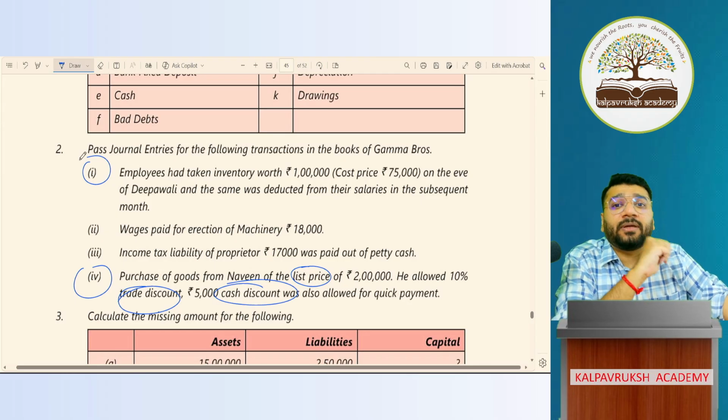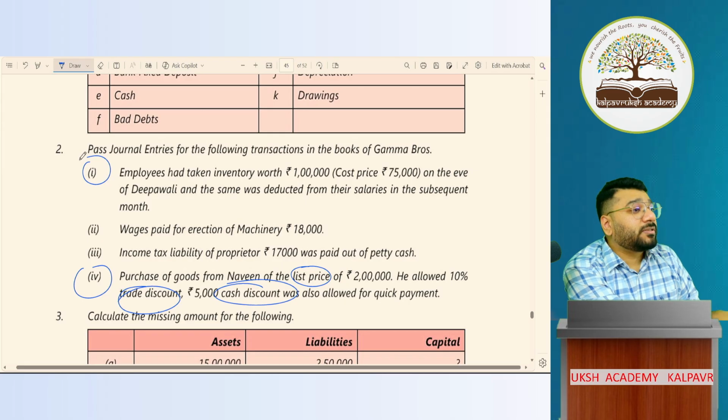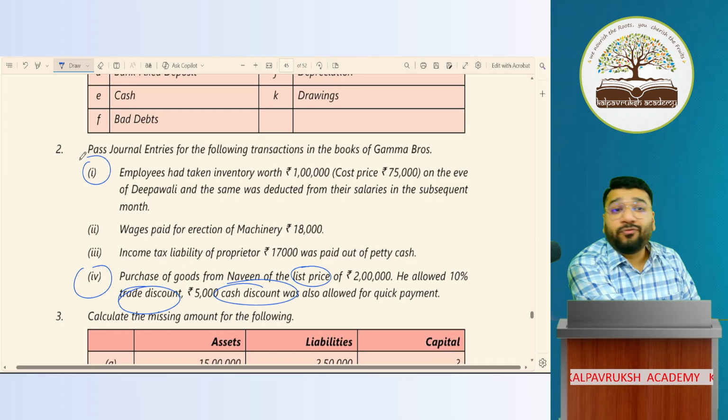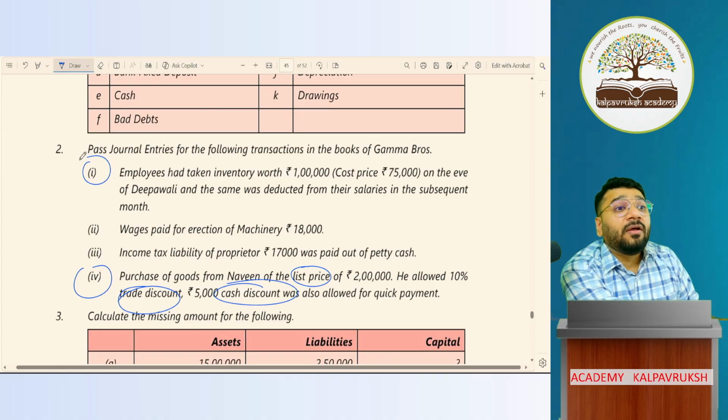This does not stop here. In the CA Intermediate level, we have 27 accounting standards. In the ICAI module, they've explained the accounting standards to the maximum possible extent, but not fully. At the end of the chapter, they mention, please refer to the original accounting standard for further detailed discussion.